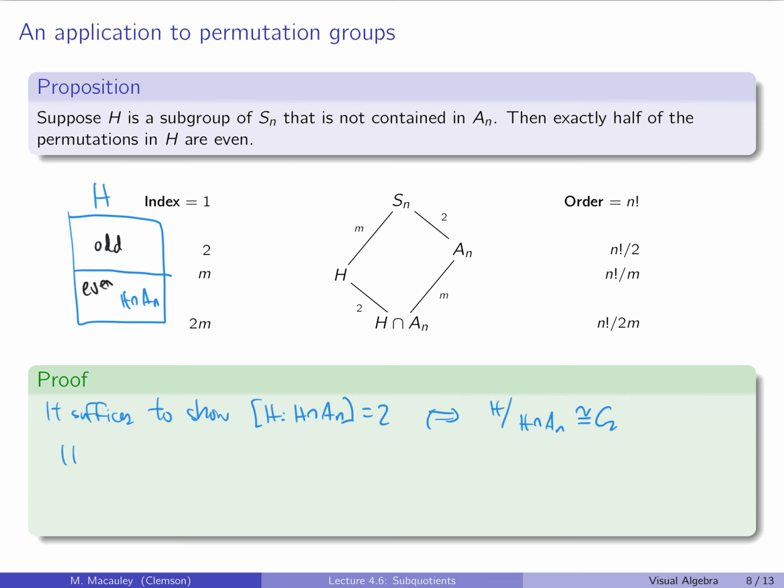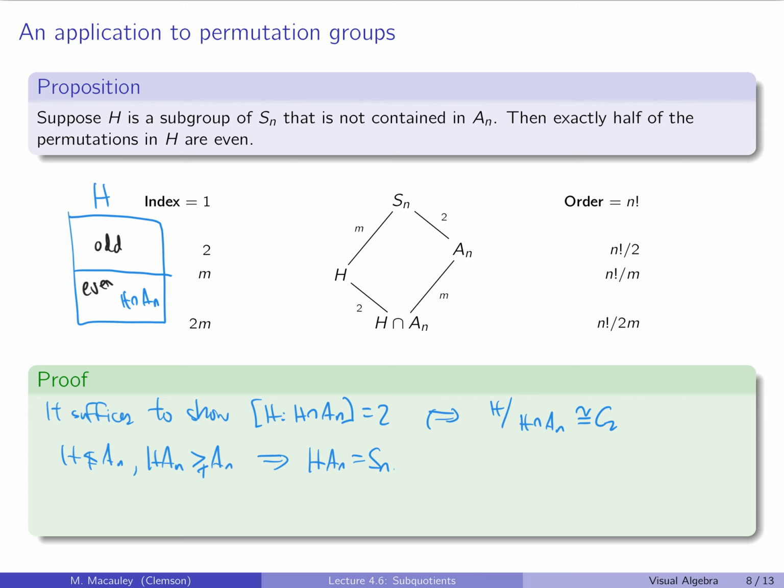But since H is not contained in An, H times An is bigger than An. It's bigger and not equal to it. So that means that H An is equal to Sn.